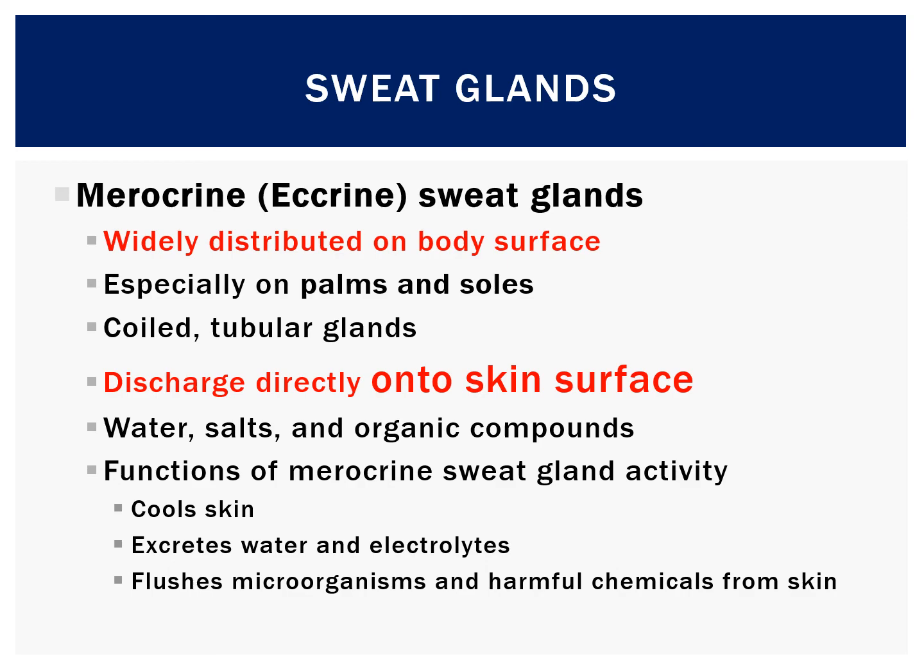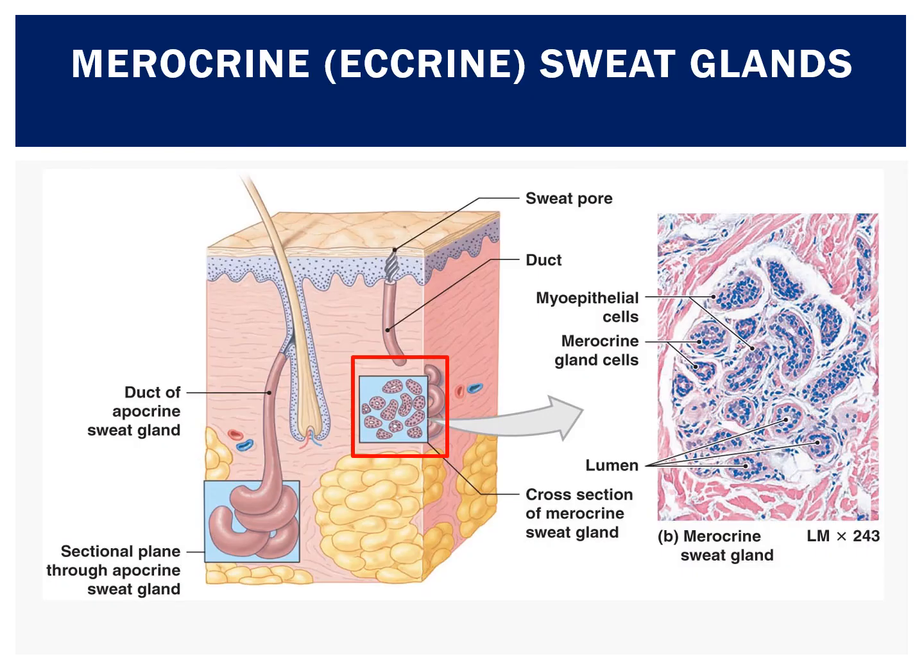The merocrine sweat glands secrete directly on the skin surface, so they are not associated with the hair follicles. Here is the image of merocrine sweat gland, which discharges directly on the skin surface, as shown here by the red box.